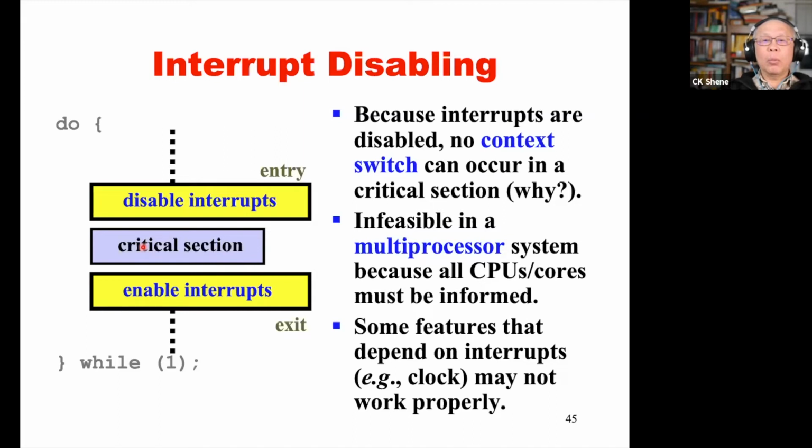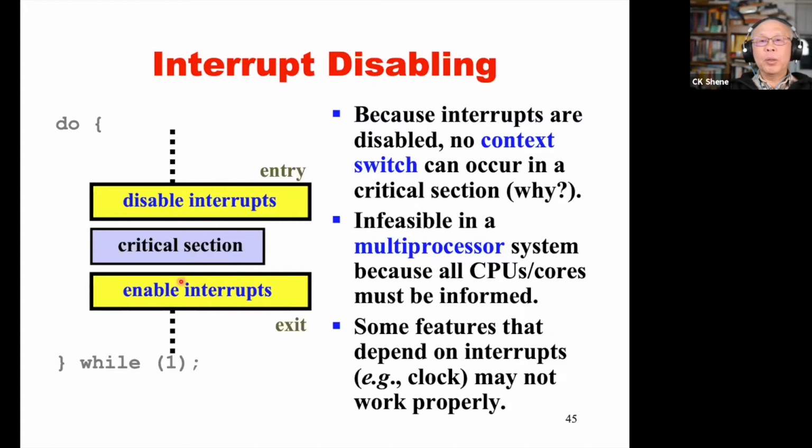So basically, what we need to address is, once a process is able to disable interrupts and is executing in the critical section, no interrupt could occur. As a result, this process could run from the first instruction after disabling interrupts to the instruction that enables interrupts without any interruption.